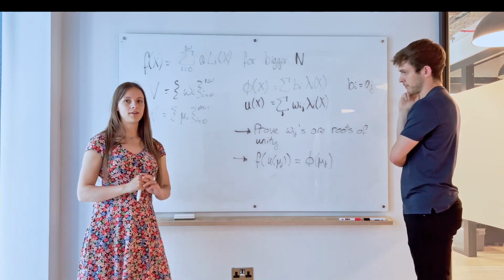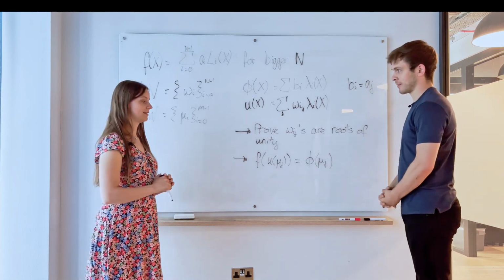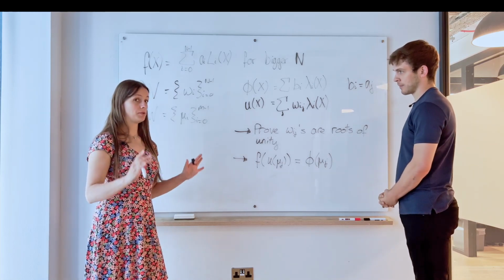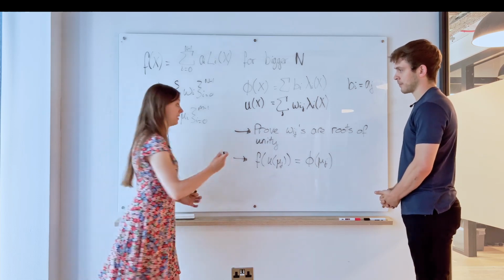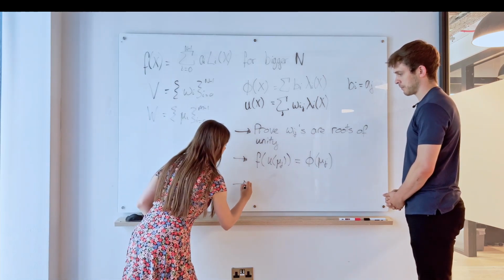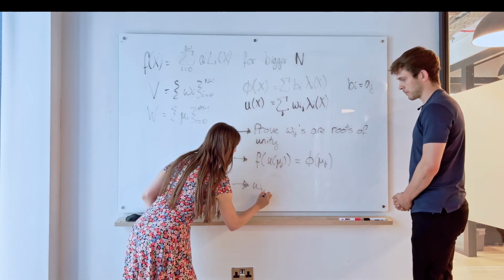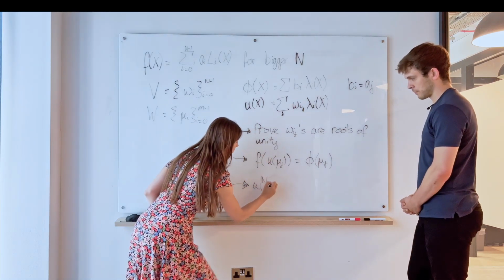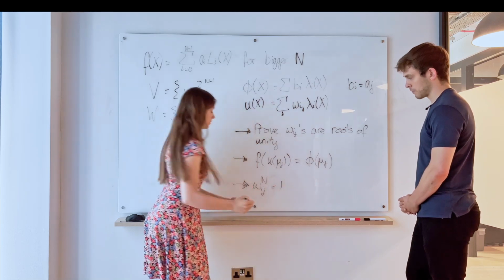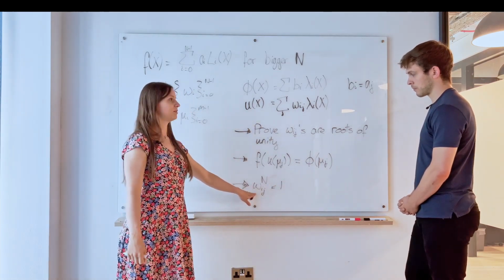But proving that a value is a root of unity is very doable because of what a root of unity is. Remember that we have that omega ij to the n is equal to 1. This is a very checkable relation.